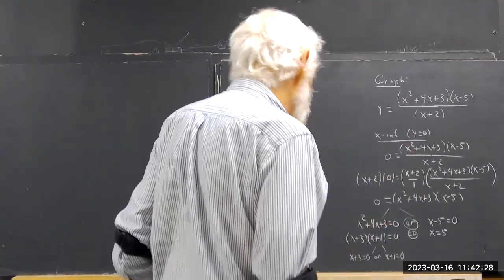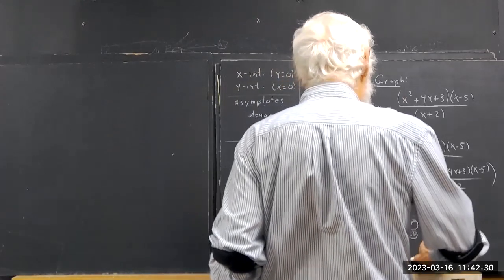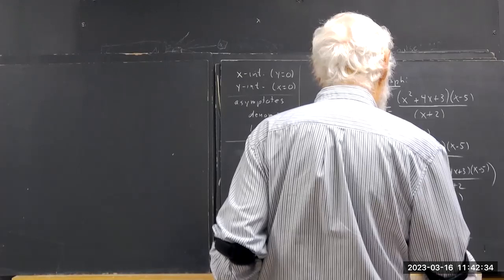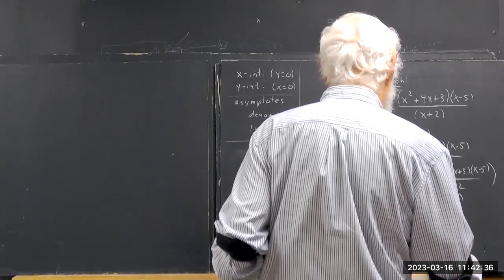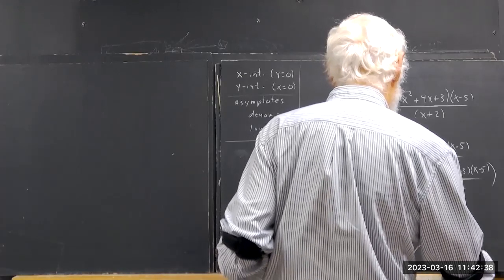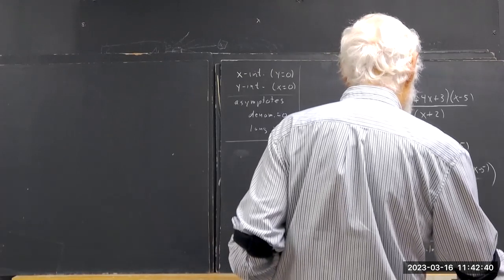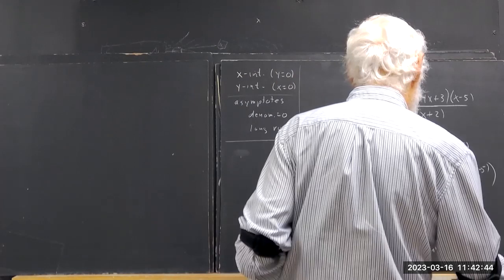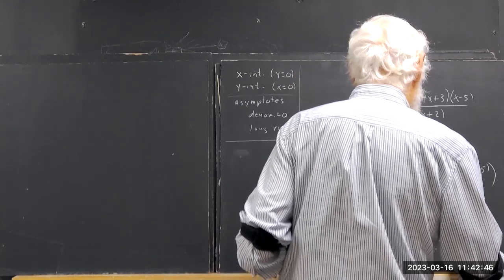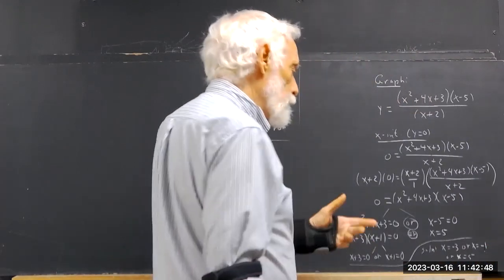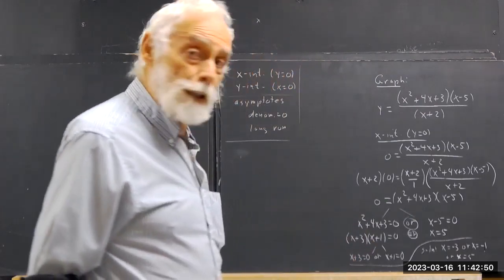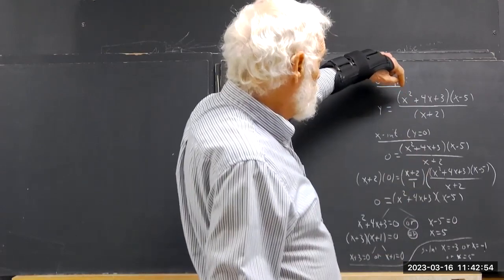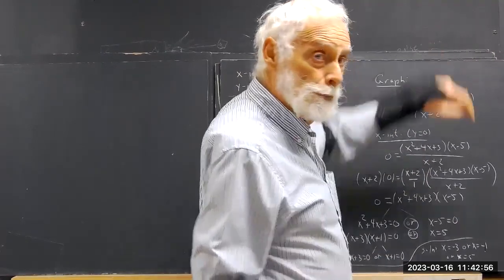So now we know our solution is x equals -3, or x equals -1, or x equals 5. You can check that. If x is -3, we get 9 minus 12 plus 3 here.